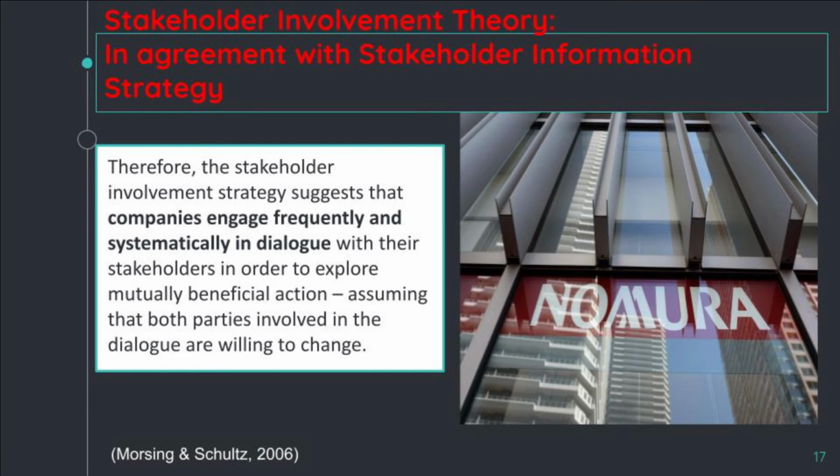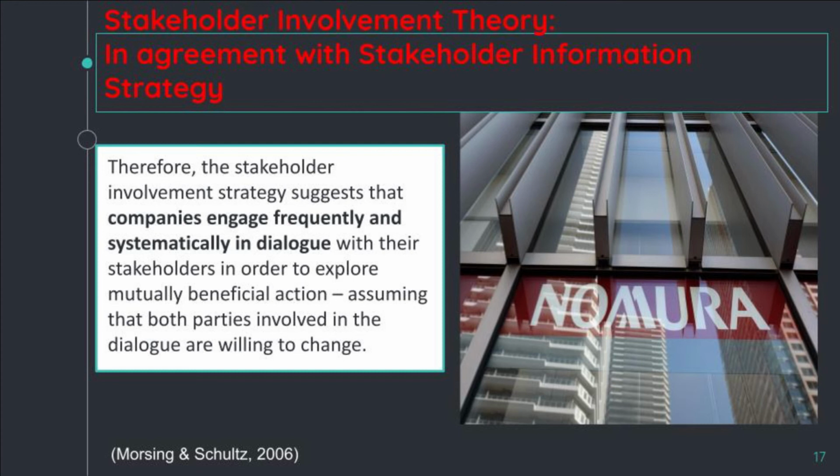So, still on the stakeholder involvement theory, we have here Nomura as an example. Nomura is a global financial services group with an integral network spanning over 30 countries. And to understand the expectations and requests of society and reflect this in business activities and CSR activities, Nomura believes that dialogue with stakeholders inside and outside the group is important.